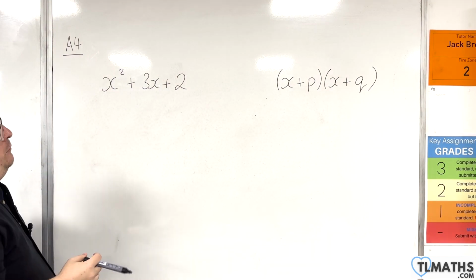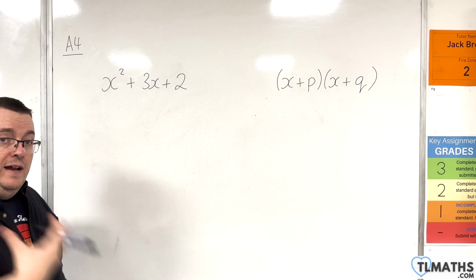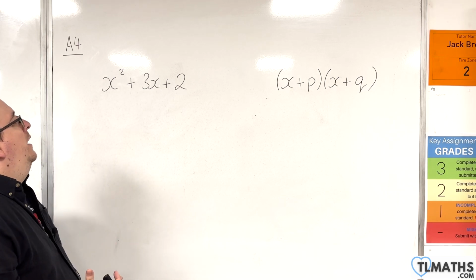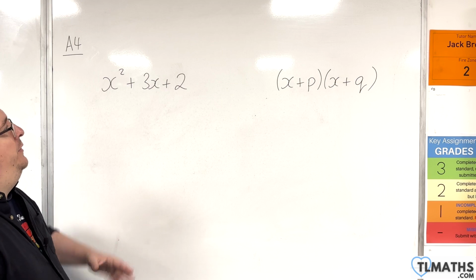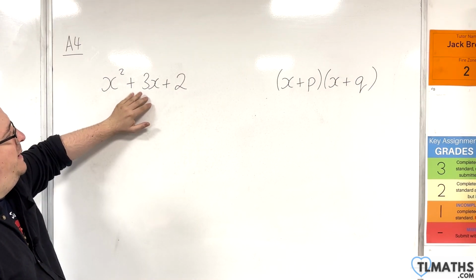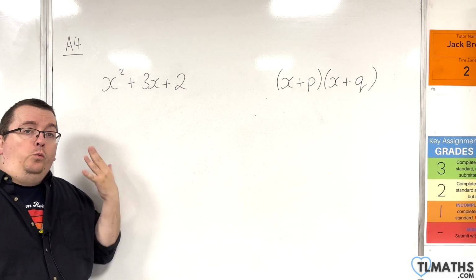Now, you will likely have been taught a method of how to do this at school, of trying to find two numbers that multiply together to make the plus 2 and add together to make the plus 3. What I'm going to explain here is why you're doing that.